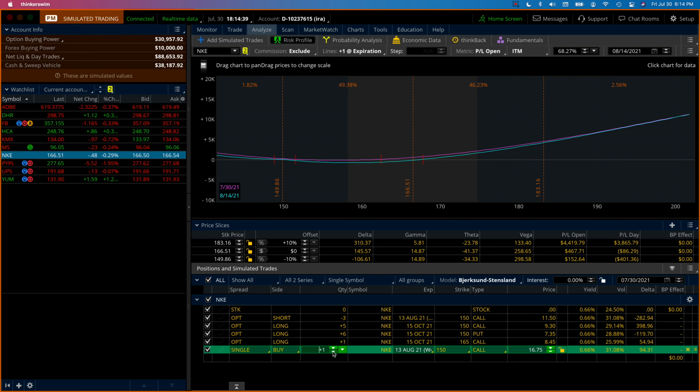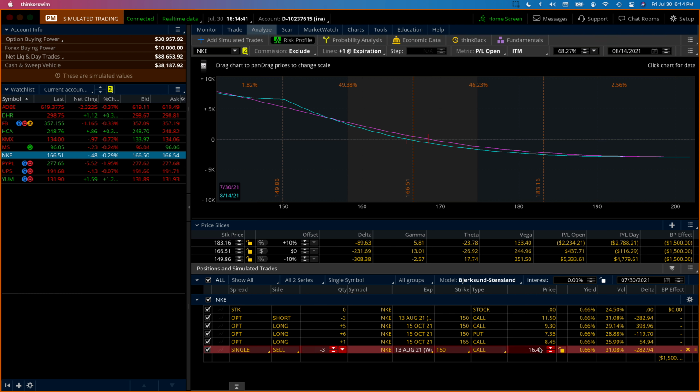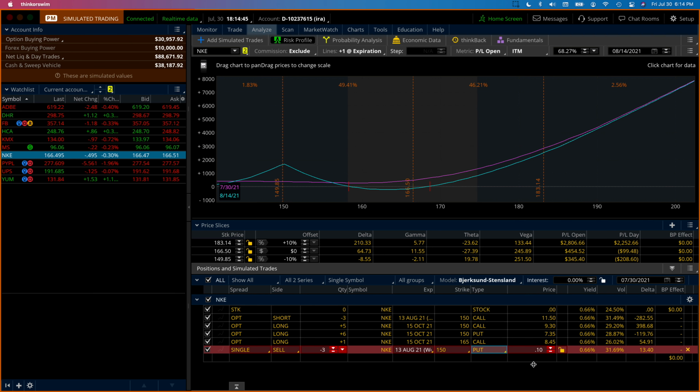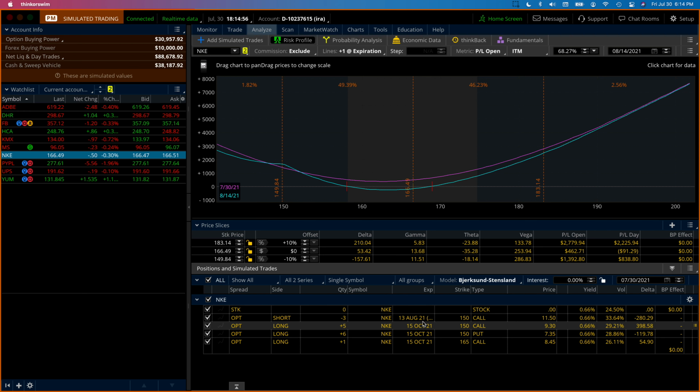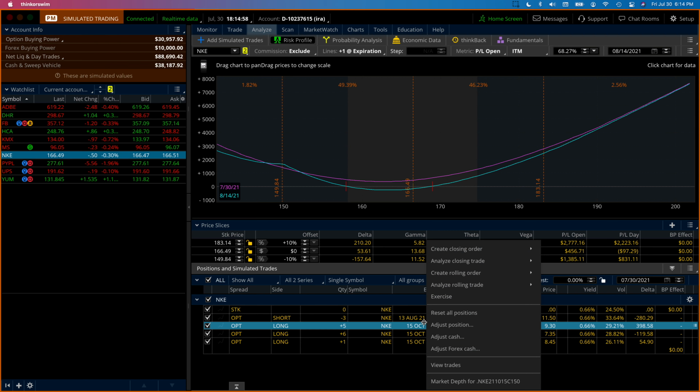So change calls to puts, and we are going to get 10 cents. That's pitiful. I don't want to do that. Let the stock fall and then the short puts appreciate, then I sell them. But let's sell the call, one of the calls, or roll it up. Analyze rolling.